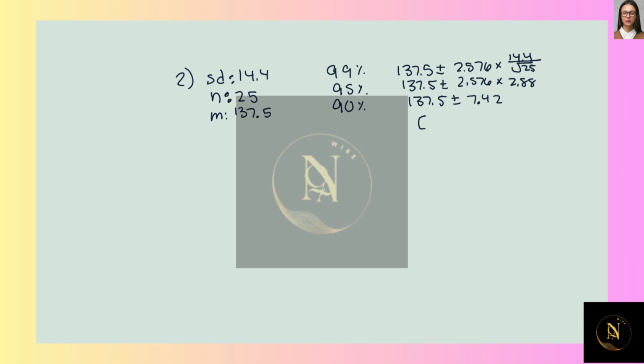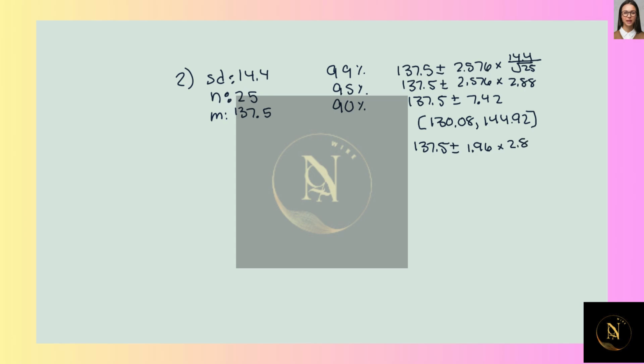So for the 99% confidence interval, 137.5 minus 7.42 is 130.08, and adding them together, that's 144.92.